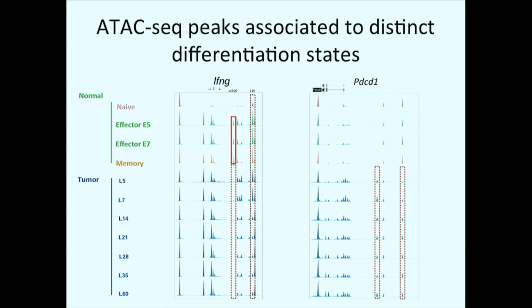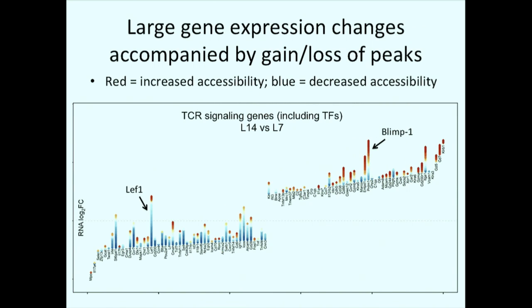I want to show a little bit more of the data. When you have these data sets with chromatin accessibility and also gene expression profiled by RNA-seq, everyone will want you to correlate the two. Can you correlate accessibility and gene expression?